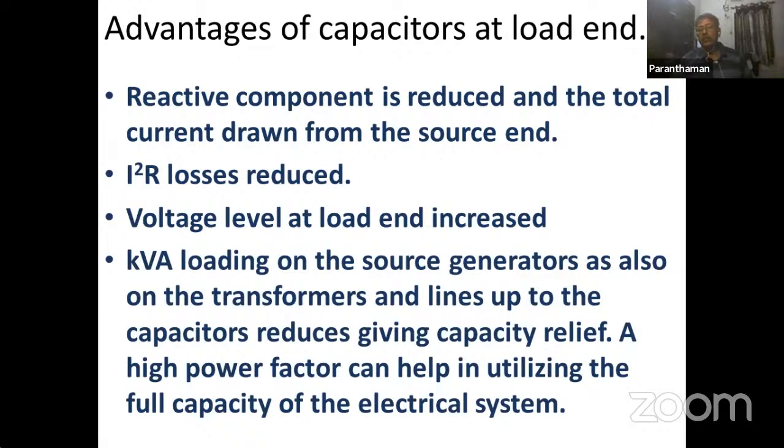KVA loading on the generator side, as also on the transformer and lines up to the capacitors, reduces, giving capacity relief. What is the capacity relief? You see the words capacity relief. What is that capacity relief?